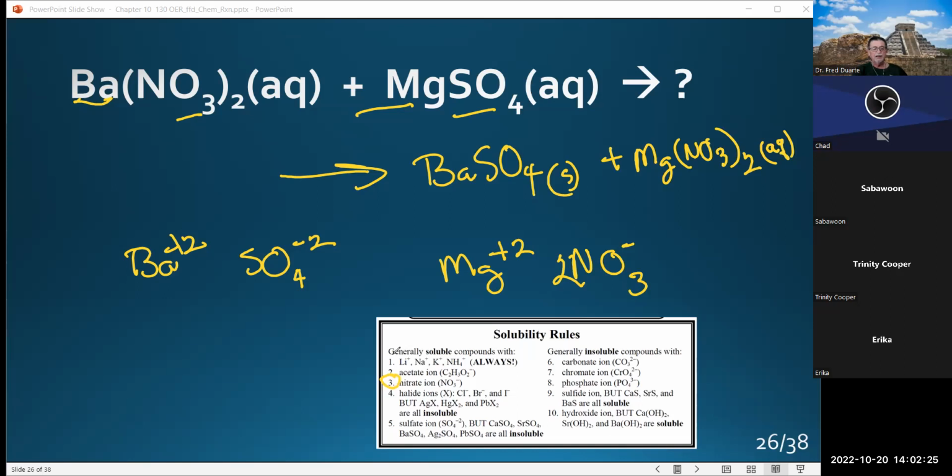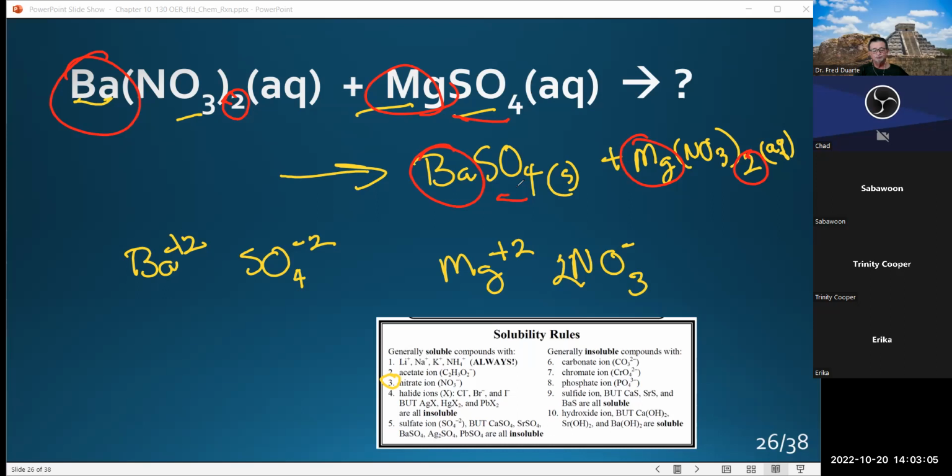Once we did that, now we can go back and check and balance it. I think by default, it just balances each other out. Okay, let's change the color so we can check. I got 1 barium, 1 barium. We're good to go. I got 1 magnesium, 1 magnesium. Magnesium's good to go. I got 2 nitrates, and 2 nitrates right there. And then I got 1 sulfate, and just by default, guess what it is?